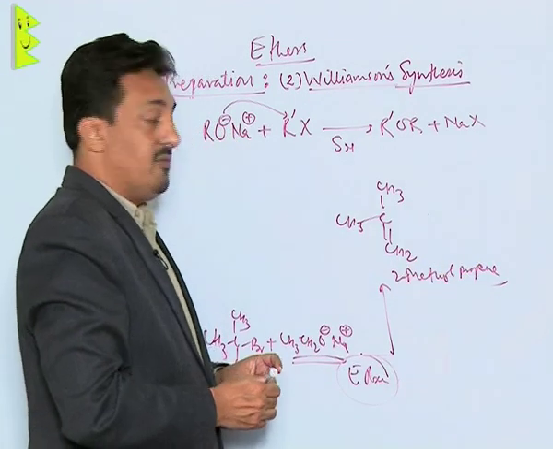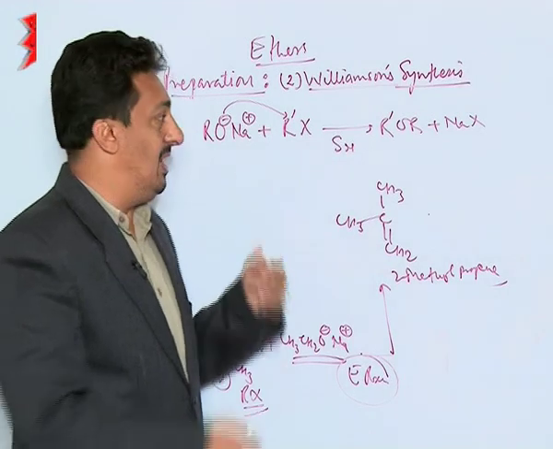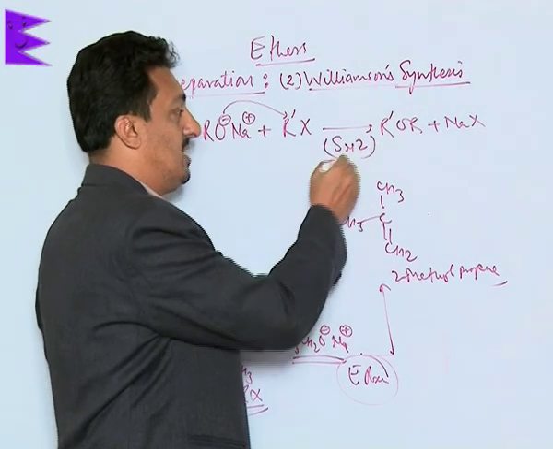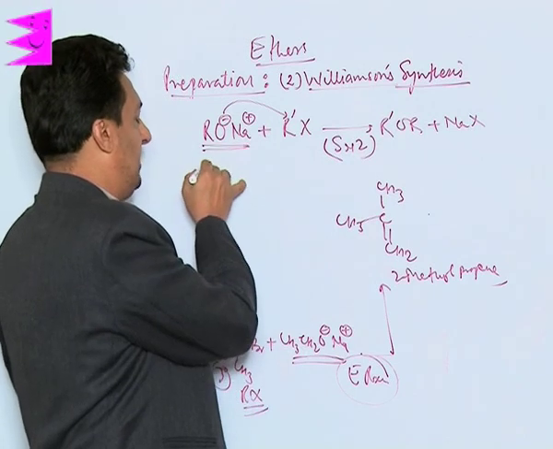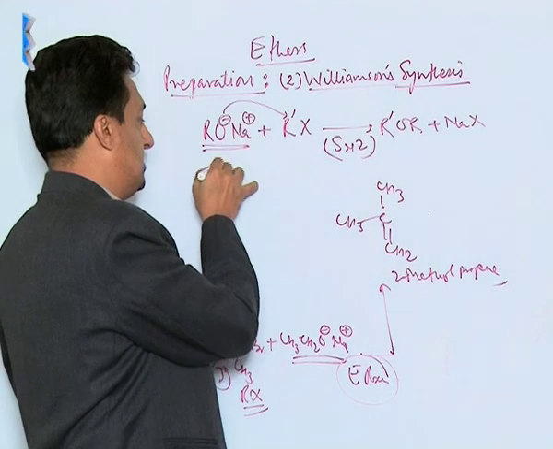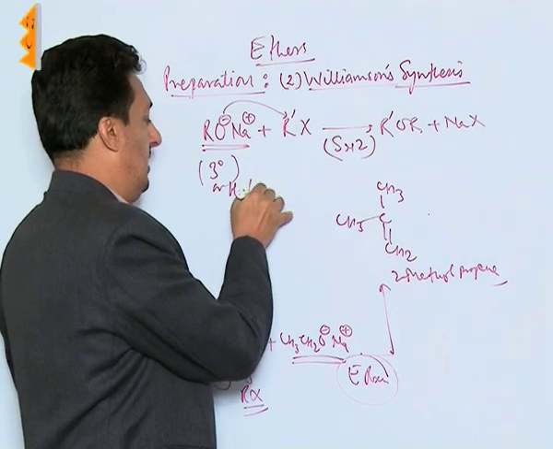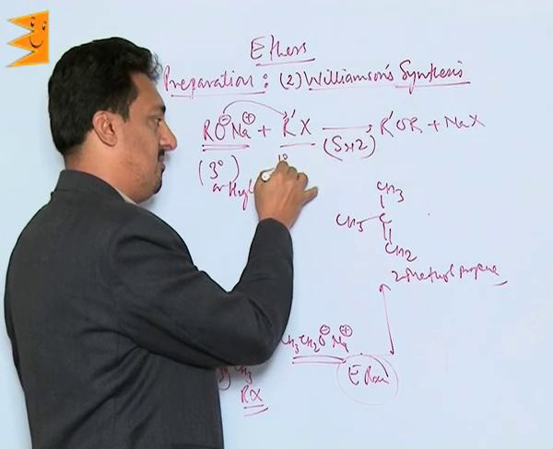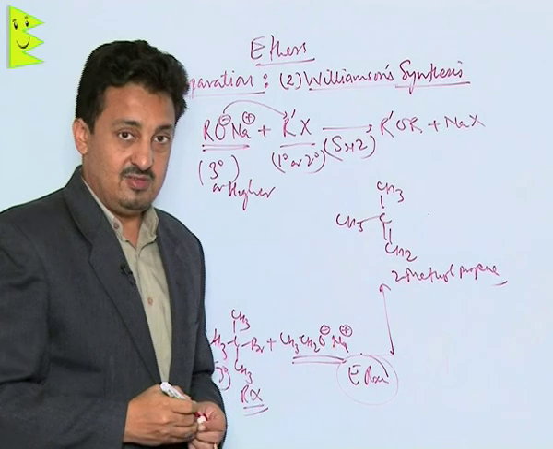So that is what we have to remember, that Williamson synthesis is always to be allowed through SN2 mechanism, and therefore the alcoholic part, the alkoxide part, has to be as big as possible, tertiary or higher, and the alkyl halide part has to be primary or secondary. Otherwise elimination takes place.